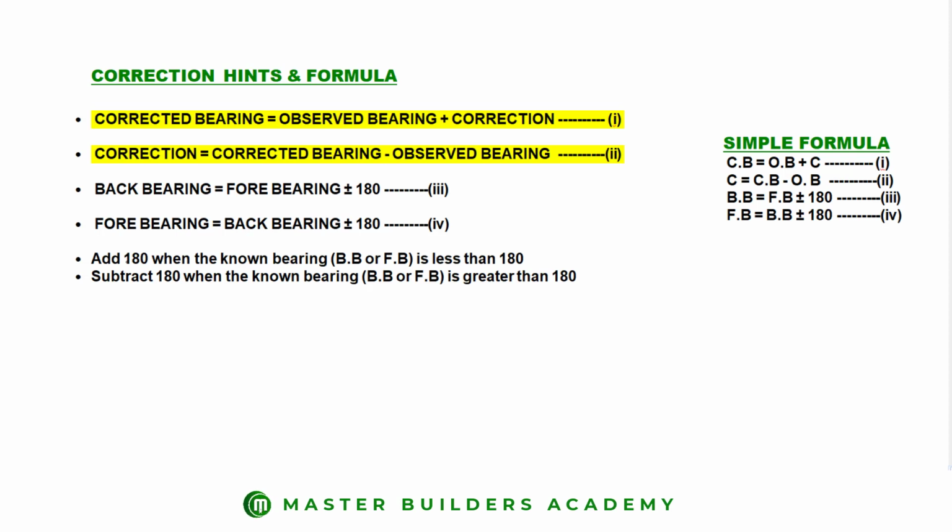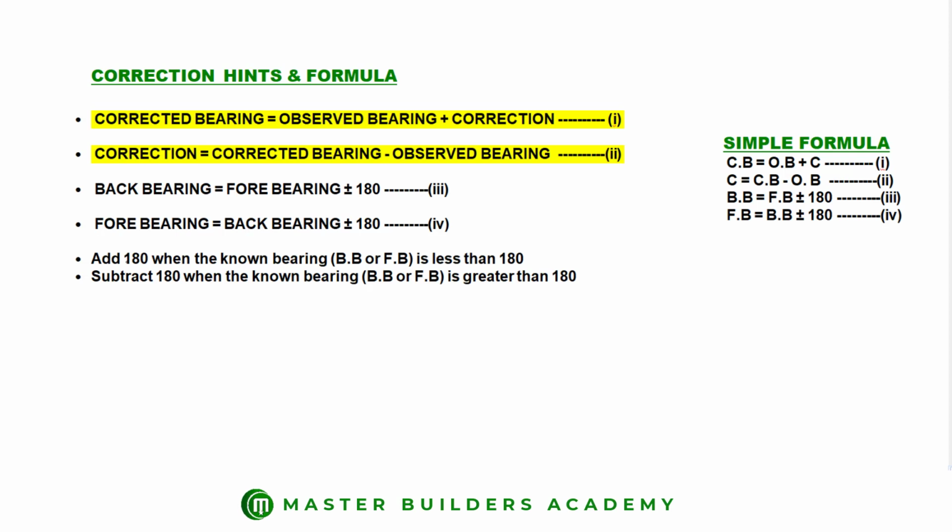Then when we move down to the other aspect, we have back bearing is equal to forebearing plus or minus 180. What this means is that if I have gotten the corrected forebearing, to get the back bearing, I simply add 180 or subtract 180 from the known forebearing.